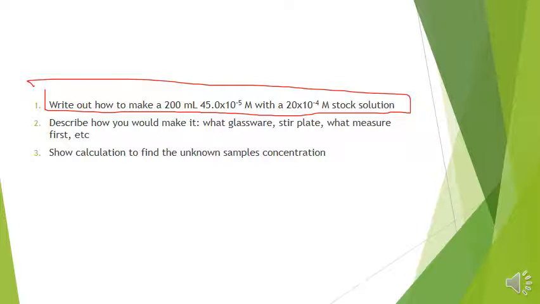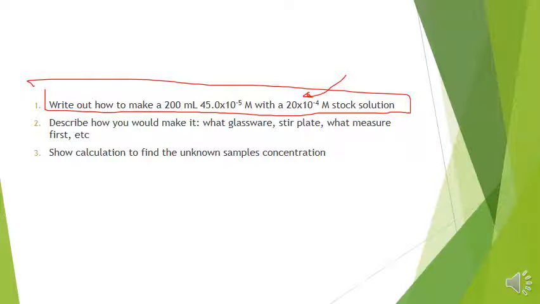Remember, that's moles per liter, with a 20 times 10 to the fourth molar stock solution. Go back and look at the videos and the sheet I showed you, where I wrote out how to do these calculations. That'll show you how to do that. Make sure you send that to me with the calculations.